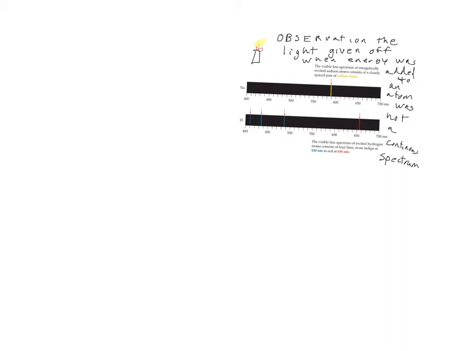When energy is added to this atom, that energy hits an electron. That electron becomes what's known as excited, meaning it moves to a higher energy state.